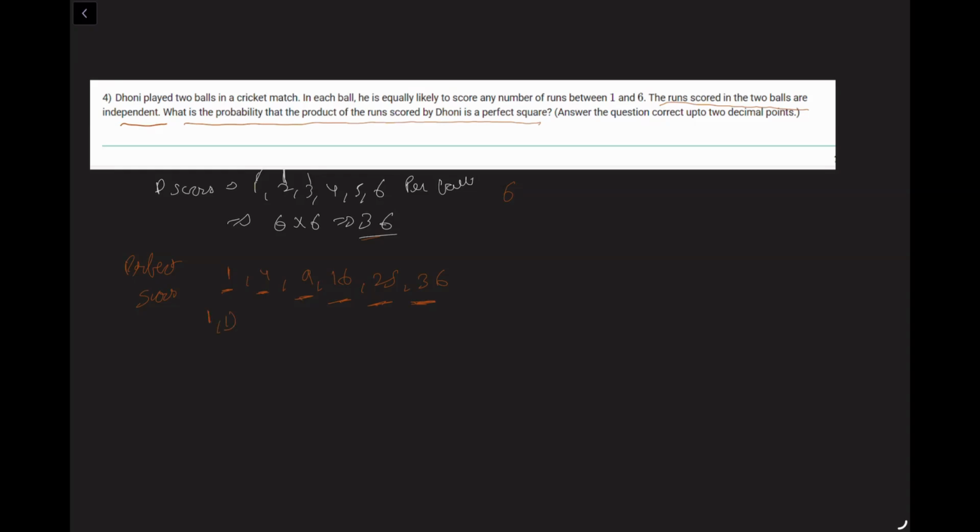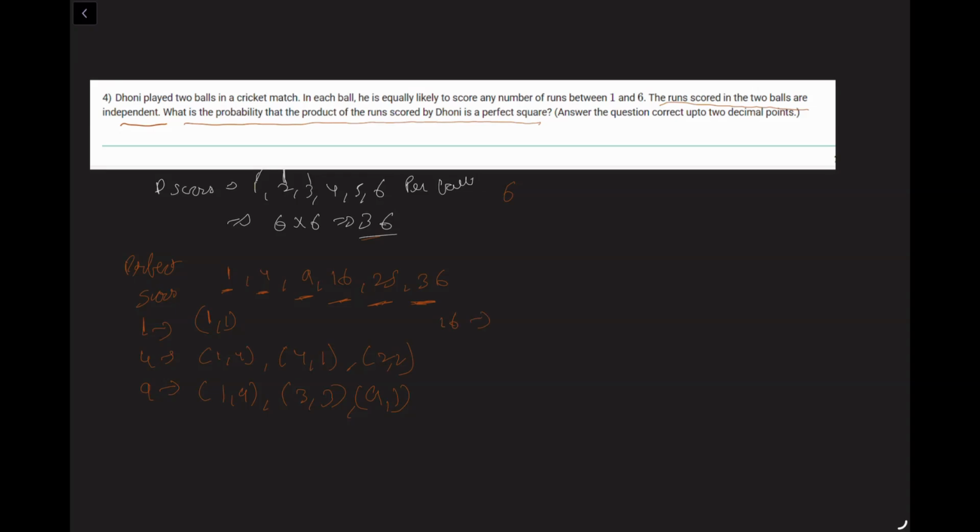It's 1, 1: first ball 1, second ball 1. For 4, you can have 1 4, 4 1, and 2 2. Likewise for 9, you can have 1 9, 3 3, and 9 1.